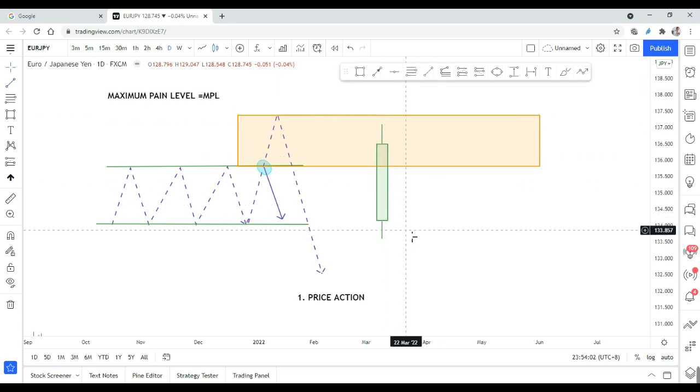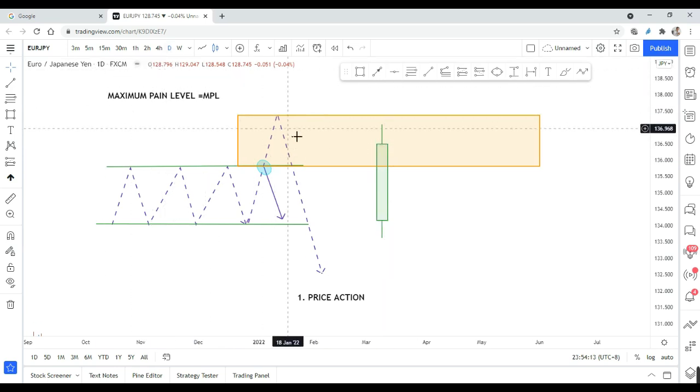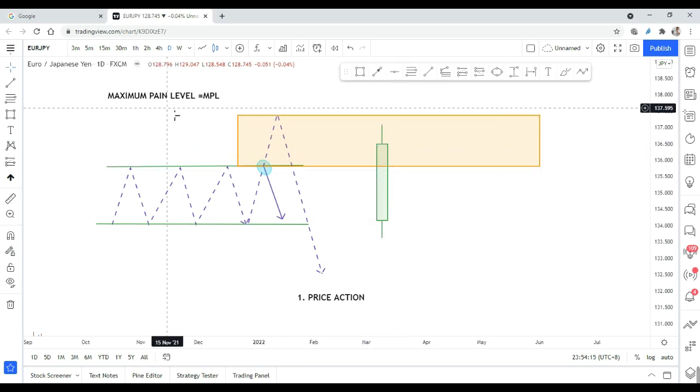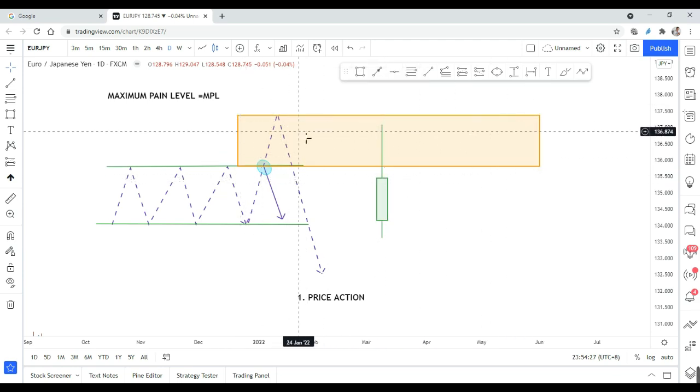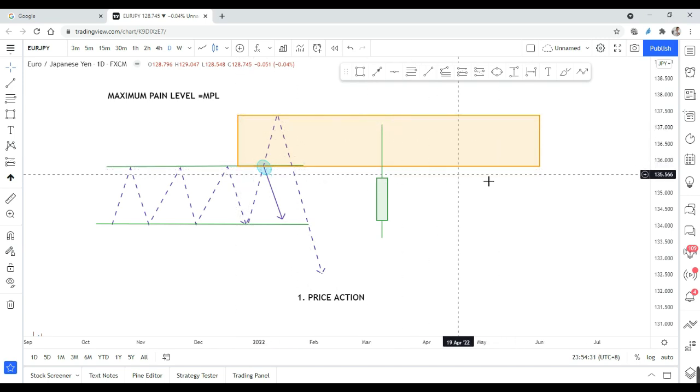So what we want is to make sure that the price closes. Let's say now we are looking at the day one, so make sure at the end of the day, or at the end of the candle, it must close below this zone. It means that there is a big rejection, or that our theory is correct.